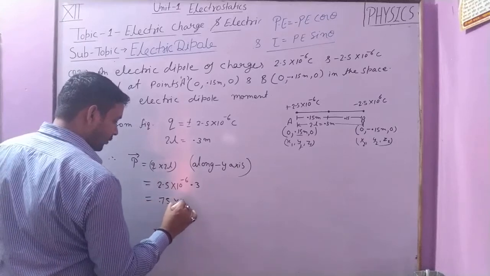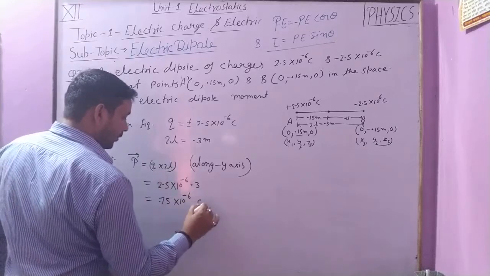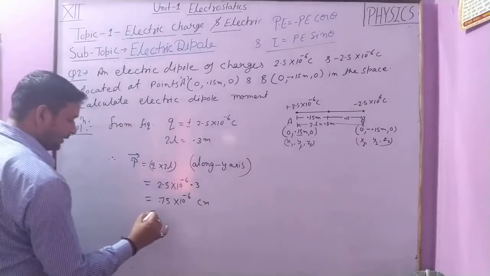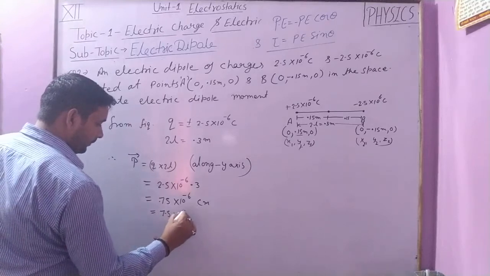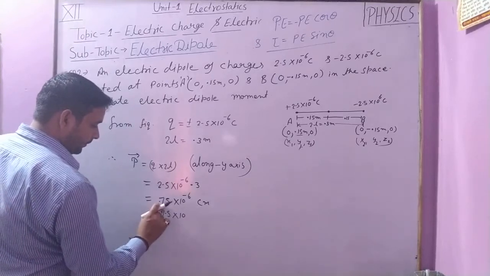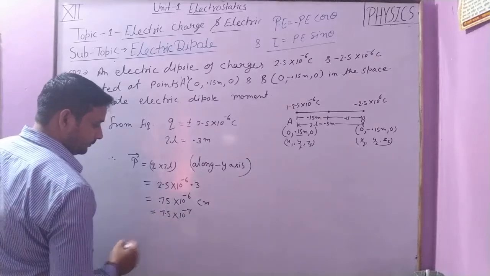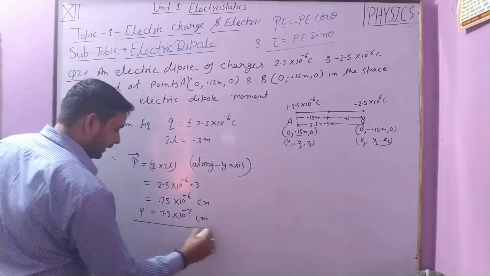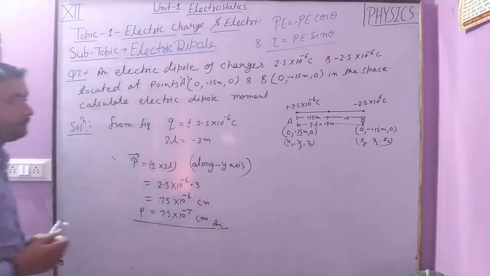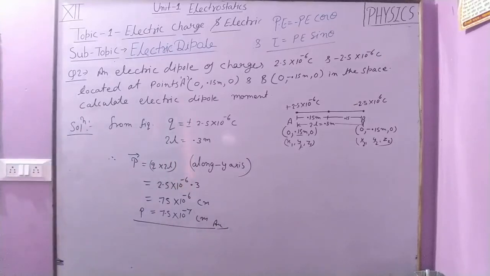On solving this, we get 7.5 into 10 to the power minus 7 coulomb meter. This is the electric dipole moment for the given situation. Thank you.